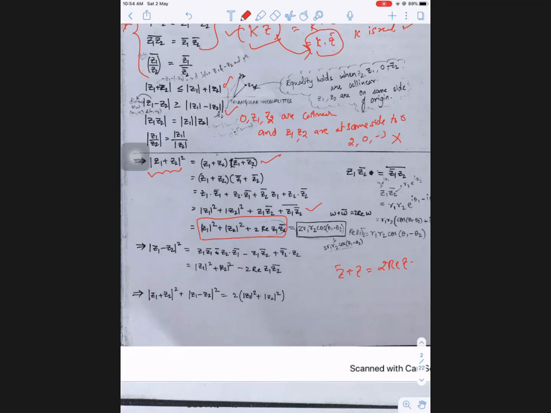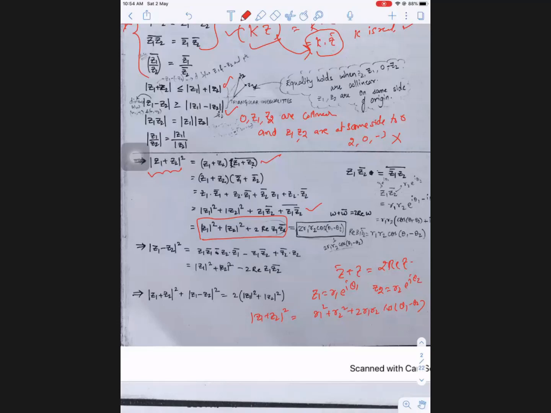So simply, if you take Z1 equal to R1 into e power i theta 1, meaning R1 is the modulus and theta 1 is the argument, and Z2 equal to R2 into e power i theta 2, then mod of (Z1 plus Z2) whole square equals R1 square plus R2 square plus 2 R1 R2 cos (theta 1 minus theta 2). The reason is Z1 means R1 into e power i theta 1, and Z2 bar means R2 into e power minus i theta 2.